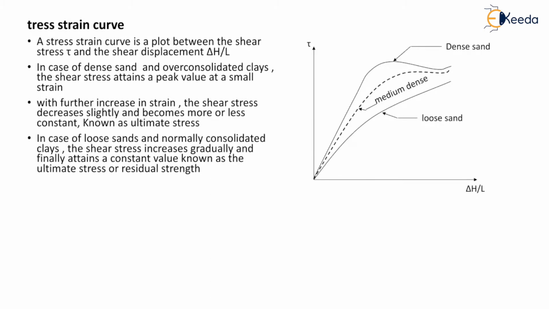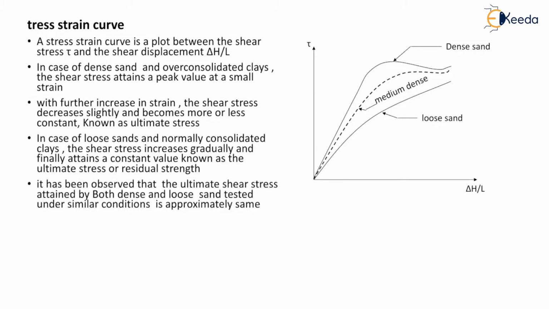So here in the figure we can see that for loose sand, the shear stress increases gradually. It has been observed that the ultimate shear stress attained by both dense and loose sand tested under similar conditions is approximately the same. Generally, the failure strain is 2 to 4% for dense sand and 12 to 16% for loose sand.